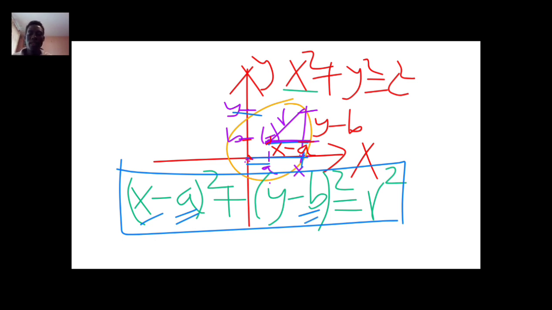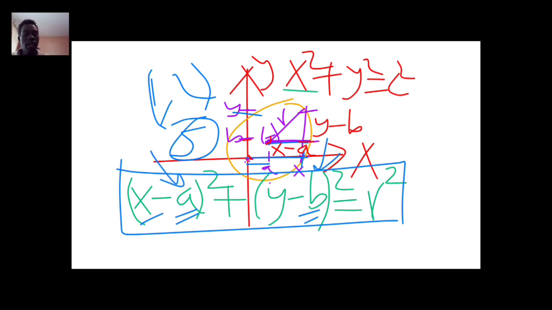So assuming you are given a circle whose coordinates of center are 1 and 2, and the radius is given as 5, how do you get the equation of this circle? What you are going to do is replace the values of a and b, then also r, since you are given the coordinates of center, 1 and 2.